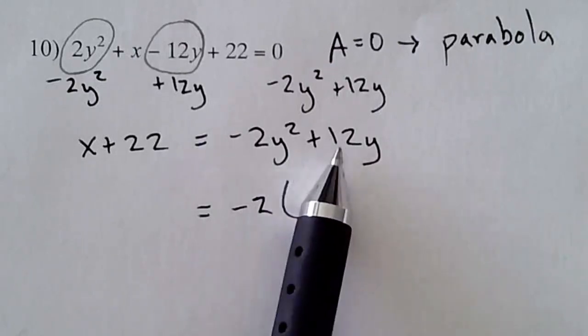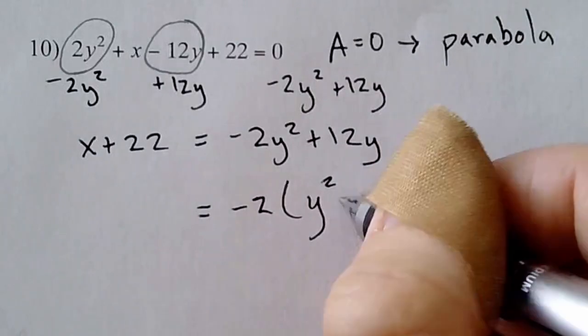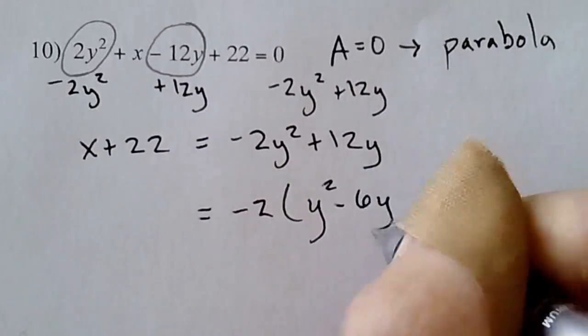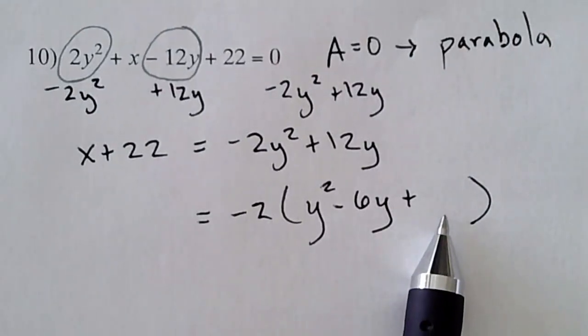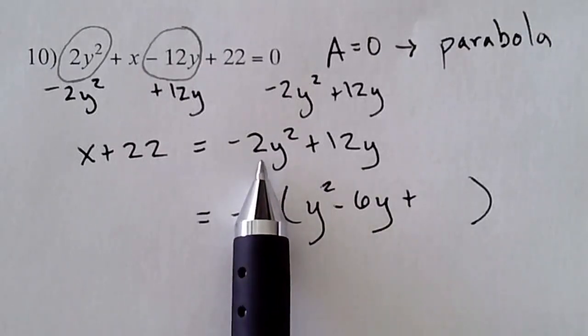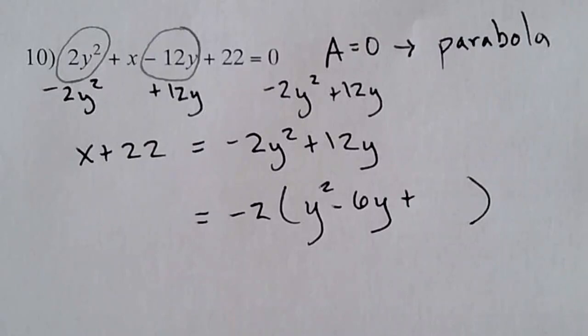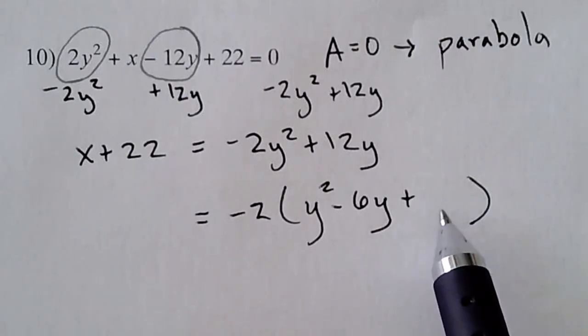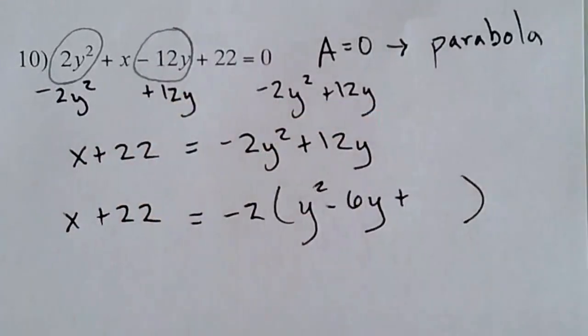So therefore, this is going to turn into a -6, because -2 times -6 is a positive 12. And then we're going to add something there. You have to make sure you do this technique to take off that leading coefficient. So we complete the square for this side, and we just bring down the x plus 22 on the other side.